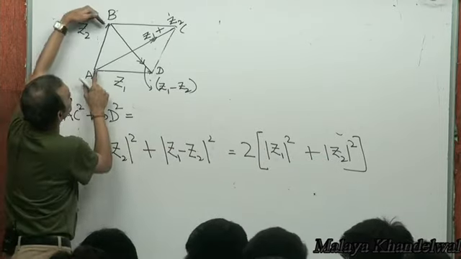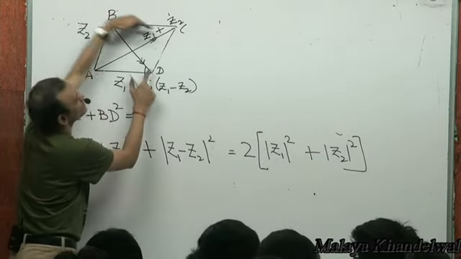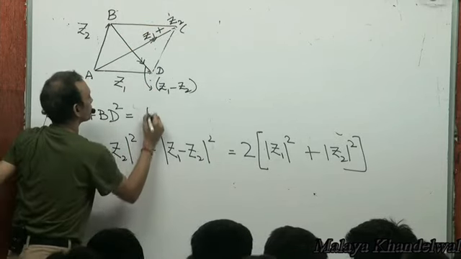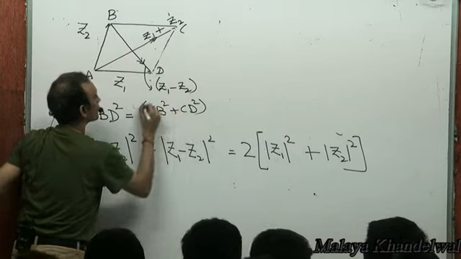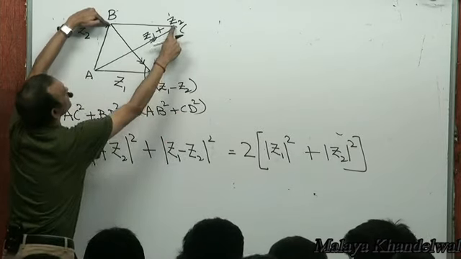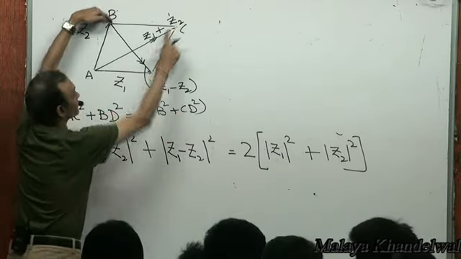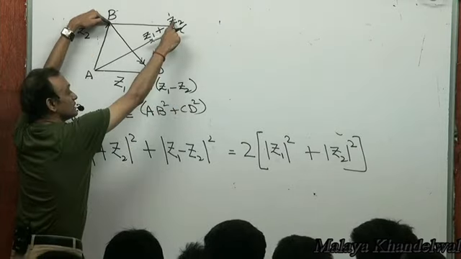That means mod z2 squared plus mod z2 squared is like AB squared plus CD squared. Mod z1 squared plus mod z1 squared, if this is z1, this will also be z1, which would be like AD squared plus BC squared.